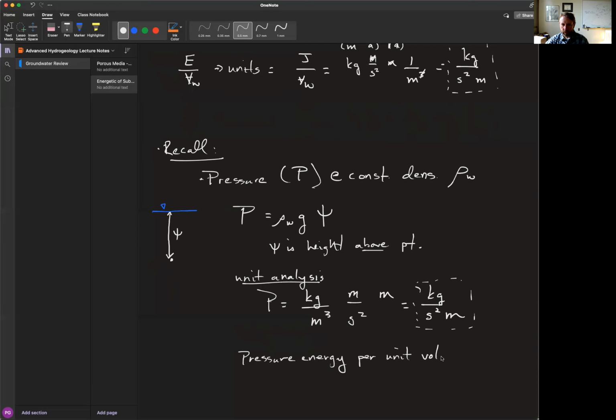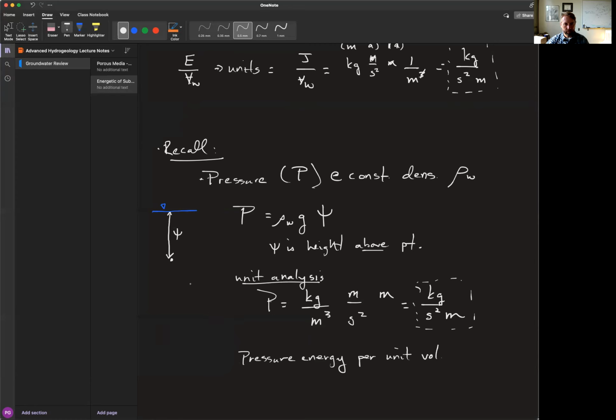This is the energy imparted on this point from the weight or the gravitational acceleration of the fluid above it. All right. So this is a form of energy per unit volume. Okay, so pressure. That is an energy per unit volume.